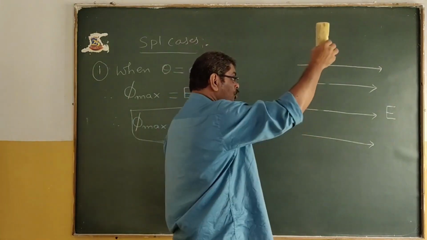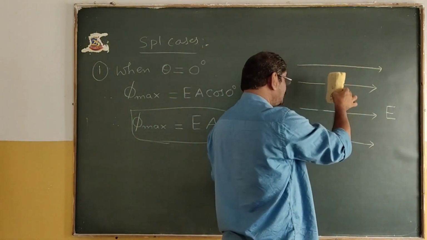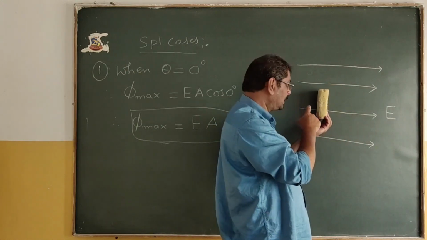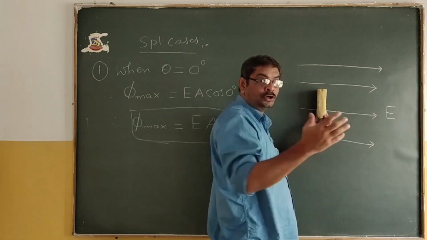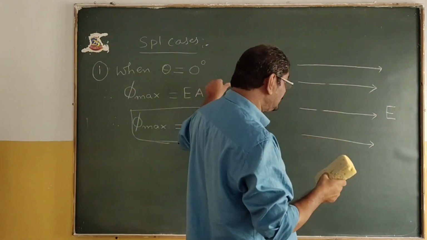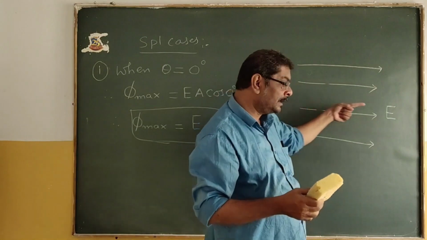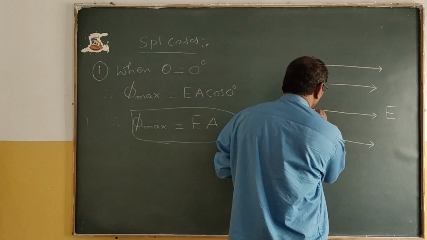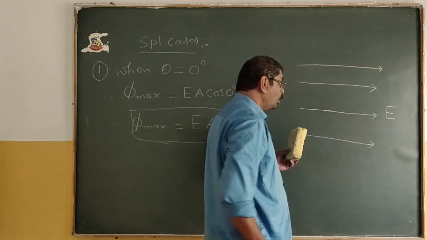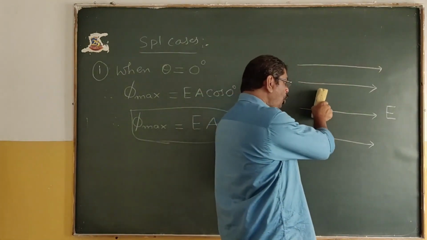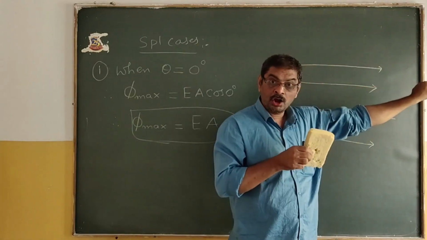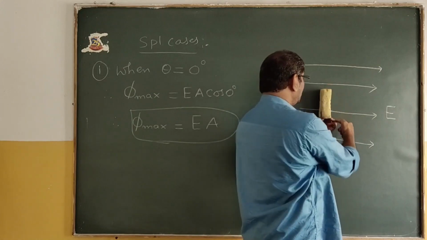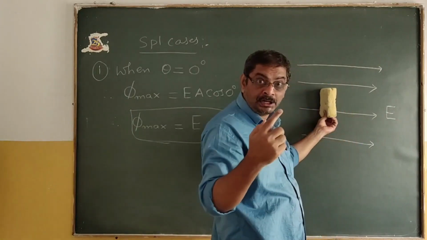Whenever I am keeping the closed surface in this manner, the direction of the electric field will be horizontal, but what will be the direction of the area vector?